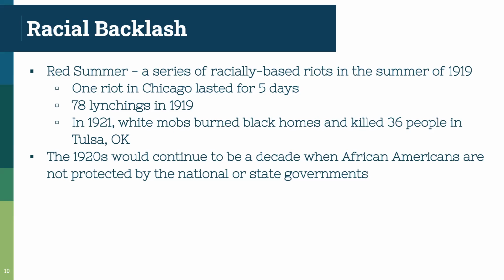And one of the most famous examples of the racial tension of the time was in Tulsa, Oklahoma in 1921. Tulsa, Oklahoma was home to what was called Black Wall Street, which is a neighborhood in the city where some of the most wealthy African Americans in the whole country lived.